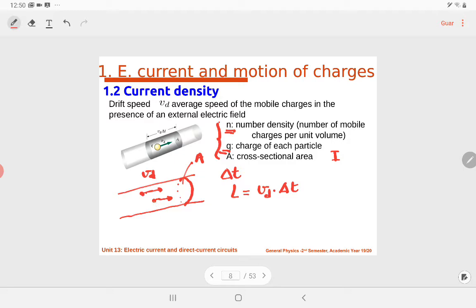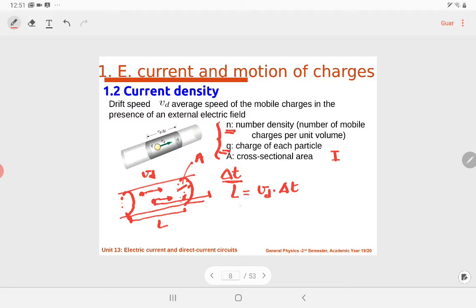So imagine this is the length, this is L. During delta t, this mobile charge is going to be able to cross, and this one also is going to cross. So we can really know how many charges are going to cross, because if this amount of length is L, then all the charges that at a certain moment are inside this volume are all going to cross this area in the time delta t.